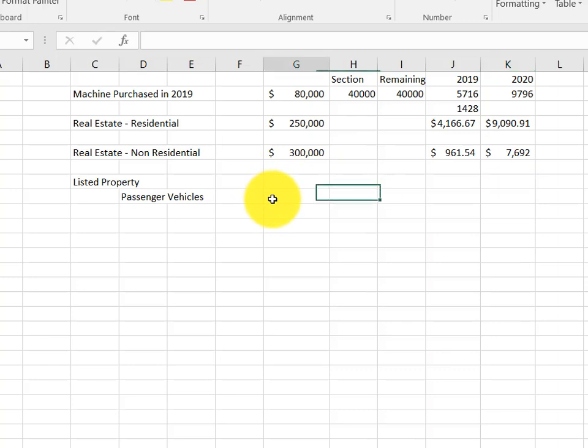Now, the other kind of oddball that comes up so often is passenger vehicles. First of all, there's an SUV calculation. So there's a Section 179 limit on SUVs, which is higher. There's a bonus depreciation or a special depreciation maximum.